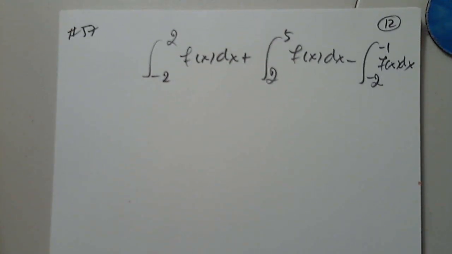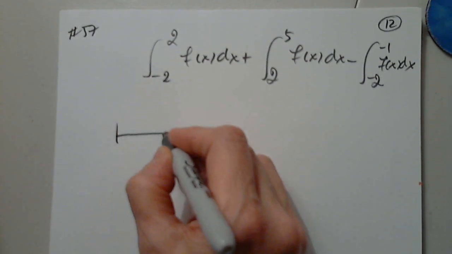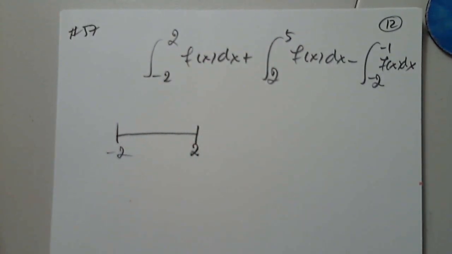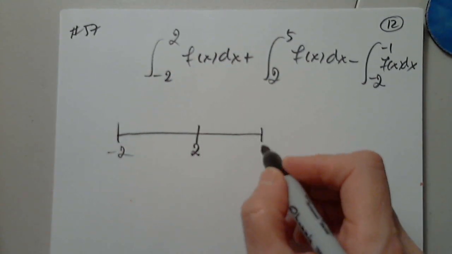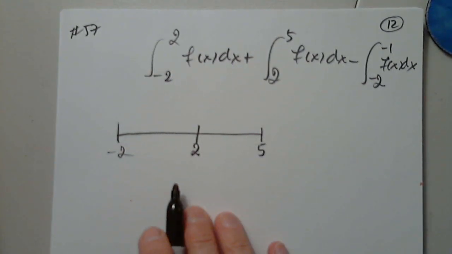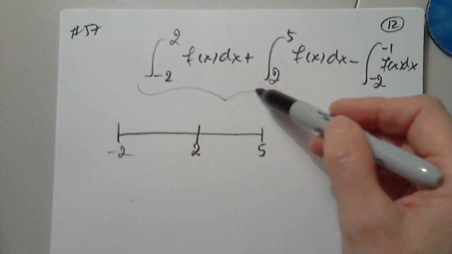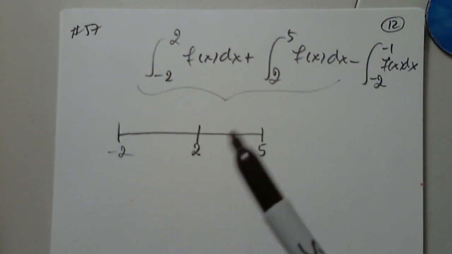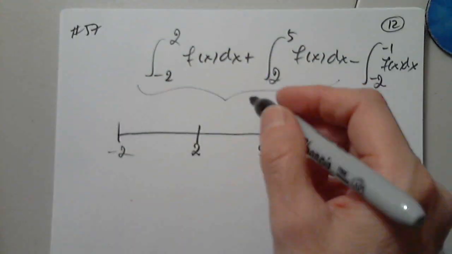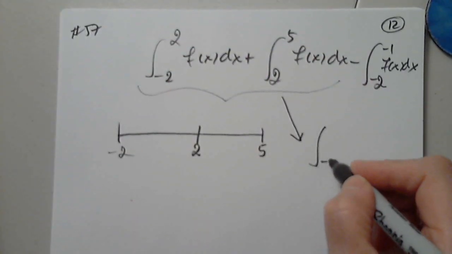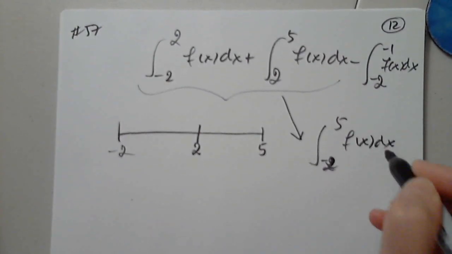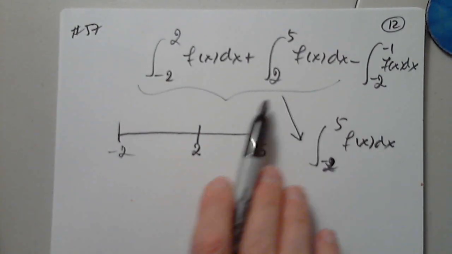So let's analyze what we see here. -2 to 2, and then 2 to 5, and these are added. So these two can be replaced by the integral from -2 to 5 of f of x dx. There is no question, right? These two, when we add them.